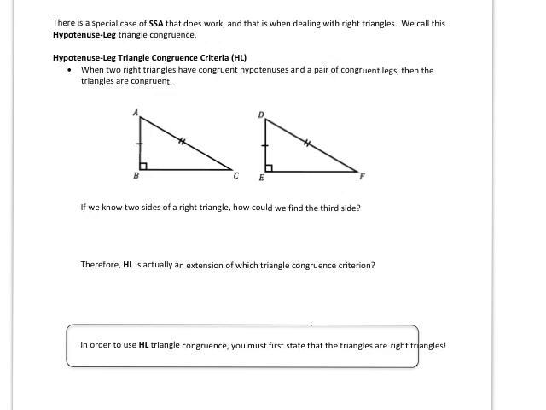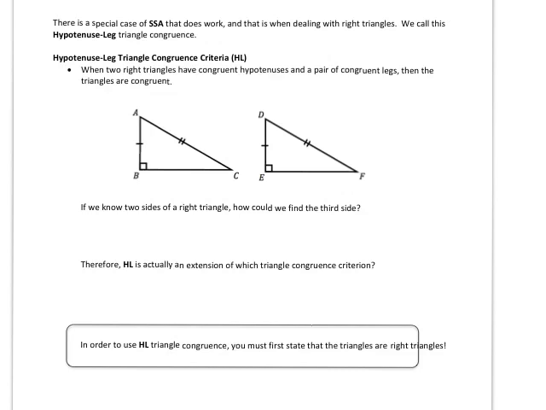Now there is a special case of side-side angle that does work, and this is only when we are dealing with right triangles, because with a right triangle, you can only create one triangle when you have a right angle and two congruent sides, because if this angle were to swing around, you're going to get the exact same triangle. So here is our theorem, our hypotenuse leg triangle congruence criteria.